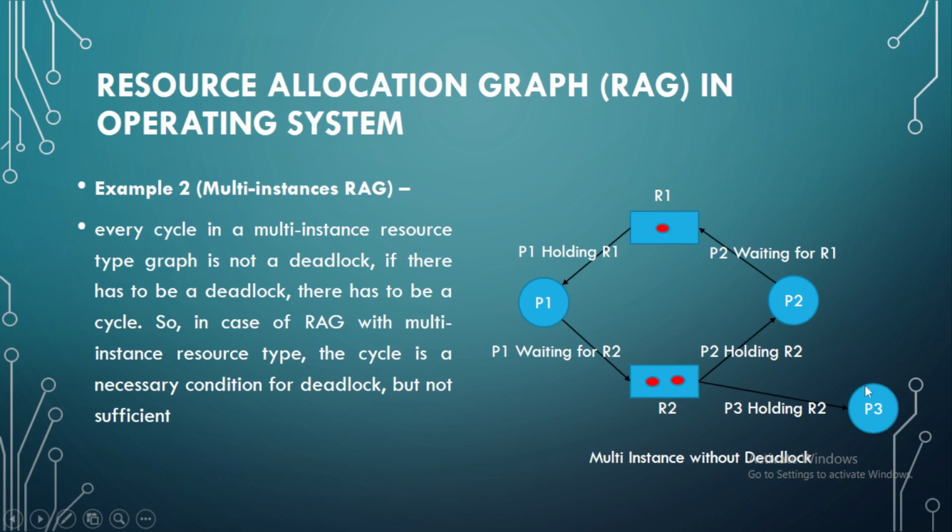So if process 3 completes its execution, one instance of resource type R2 will be available and given to process 1, which will break the cycle. So the cycle is a necessary condition for a deadlock but not sufficient in the case of a multi-instance resource allocation graph.